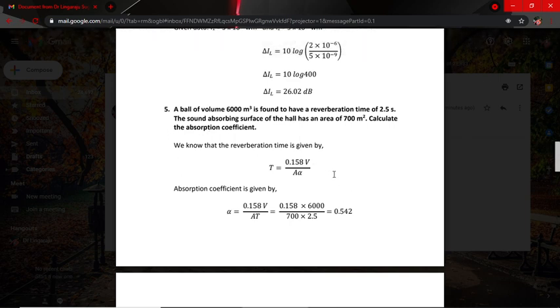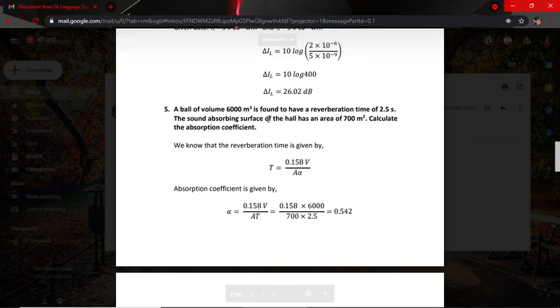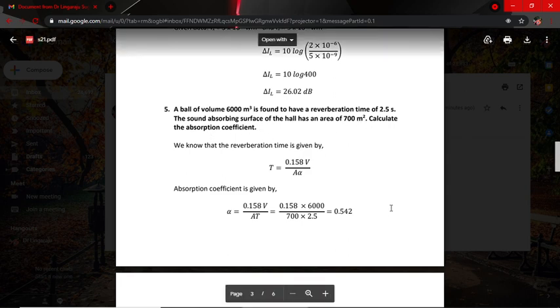The hall has a volume of 6000 meter cube, reverberation time of 2.5 seconds, and the sound absorbing surface of the hall has an area of 7000 meters square. Calculate the absorption coefficient.